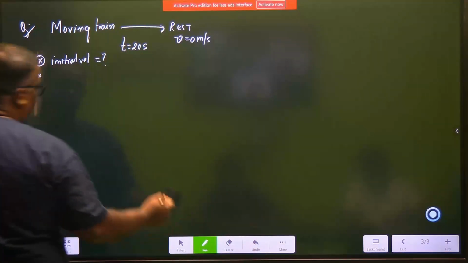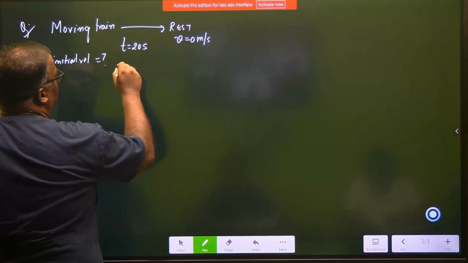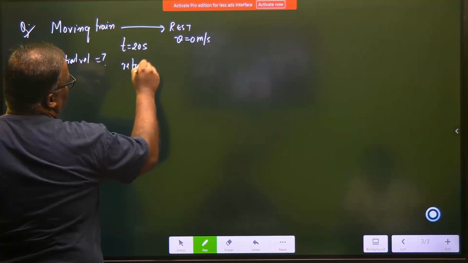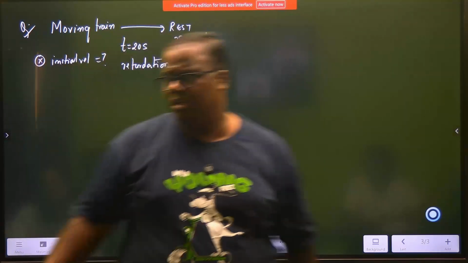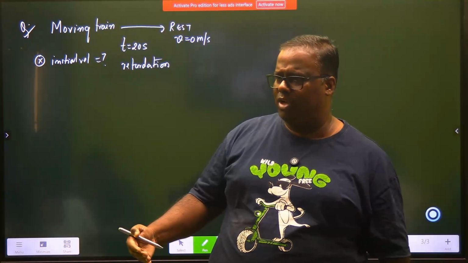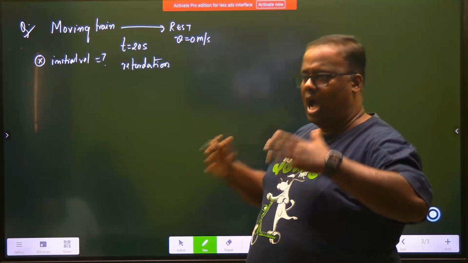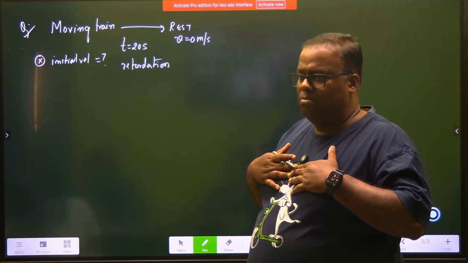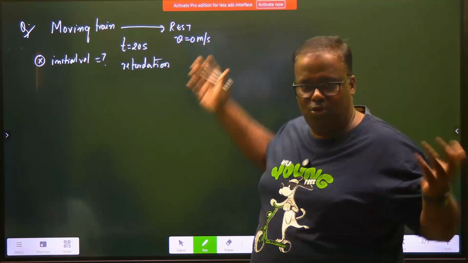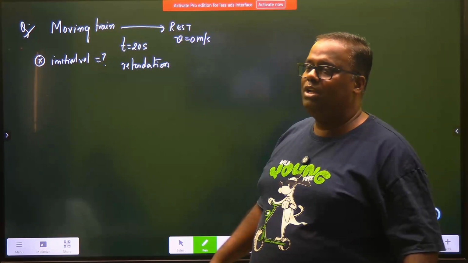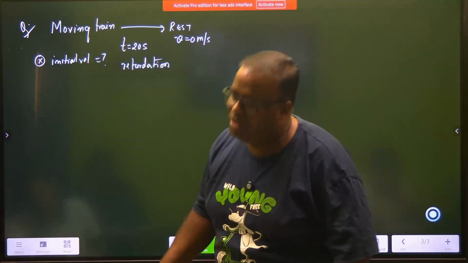Another piece of information they have given is the retardation. Now see, they have not spoken about acceleration. You tell me, if you are braking, your acceleration has to be negative, right? Negative means, what is acceleration? Rate of change of velocity. I am a maid. My rate of salary hike is positive, means the more I work in your house, more my salary will increase. If my rate of salary hike is negative, the more I work in your house, every year my salary will decrease.